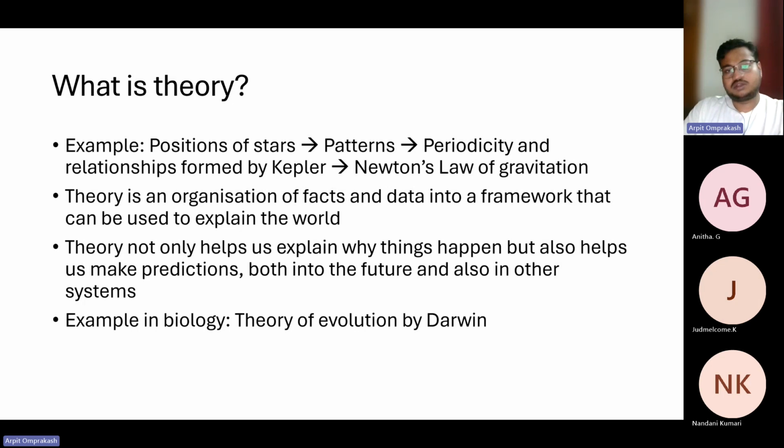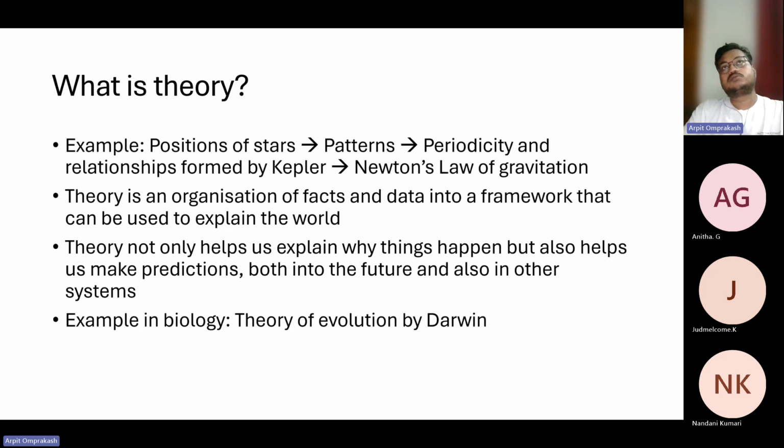And based on the estimations or observations by Kepler, what Newton did was he proposed a theory, which is his law of gravitation, which tells us about how two bodies which are not in contact can exert a force on each other and how that force can lead to movement or orbiting of one body around the other and so on.